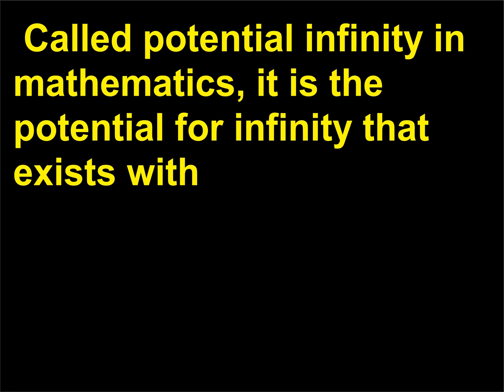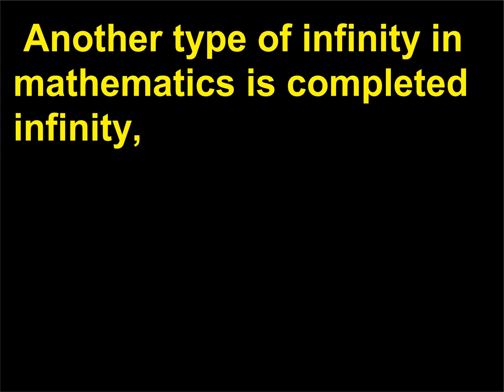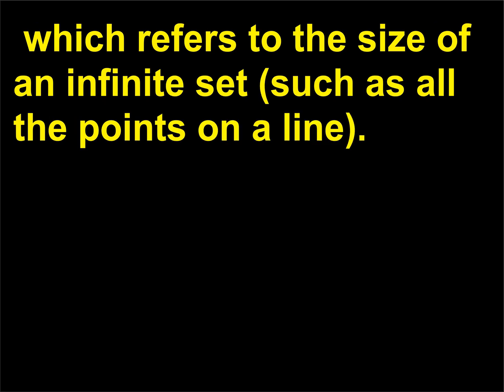Called potential infinity in mathematics, it is the potential for infinity that exists with natural numbers, because one can always conceive of a number greater than any given number. Another type of infinity in mathematics is completed infinity, which refers to the size of an infinite set, such as all the points on a line.